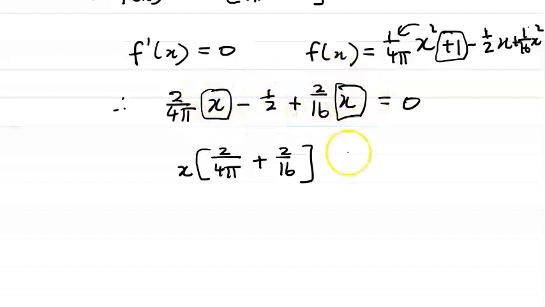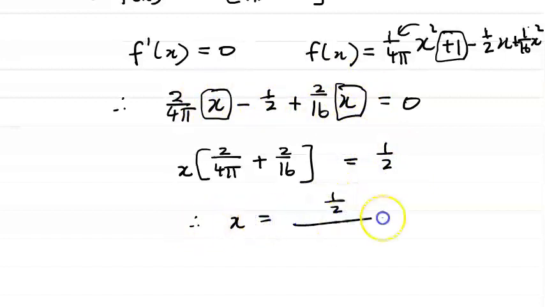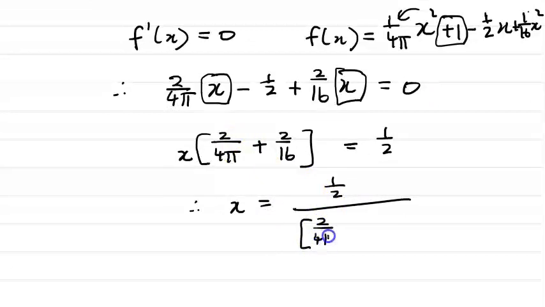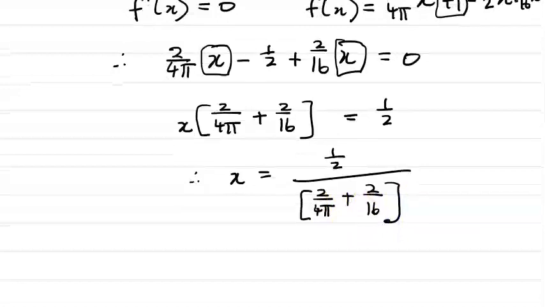And I'm going to take this negative half to the other side. It becomes positive half. Therefore, x equals half divided by 2 over 4 pi plus 2 over 16. Now let's put that in our calculator and see what we get.